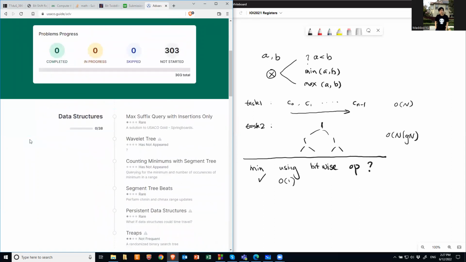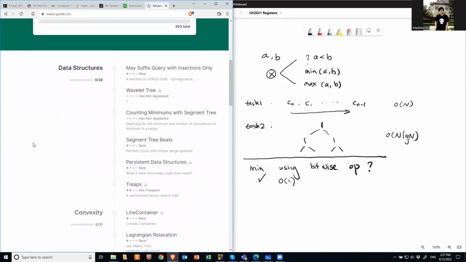The advanced level talks about a couple of things. It covers advanced data structures: the wavelet tree, segment tree bits, and persistent data structures. Remember the persistent data structure problem in the platinum class 2 or 3 years ago, where we were trying to build a robot with different parts, and each part had a different cost?